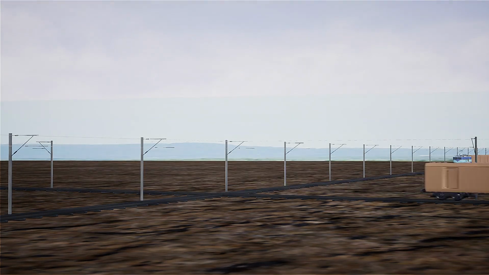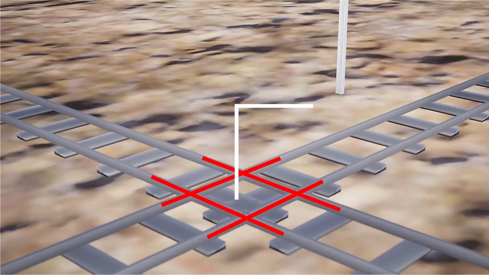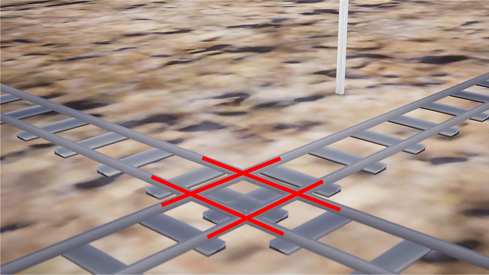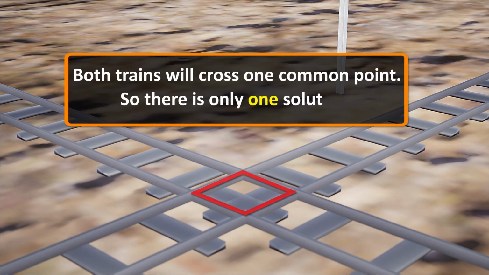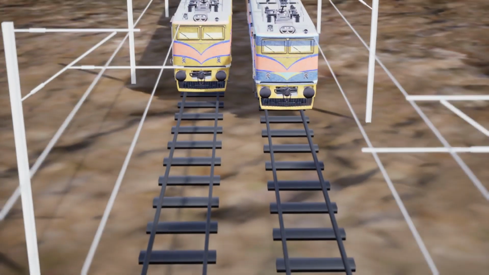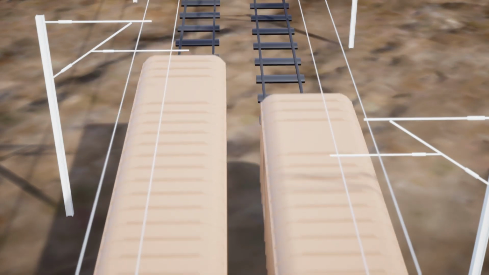Here we can observe the two trains are passing one after the other through a common point, which is a diamond crossing. We can generalize this and say that the two lines are intersecting at one common point. The second type is that the two trains are going parallel and not intersecting anywhere.